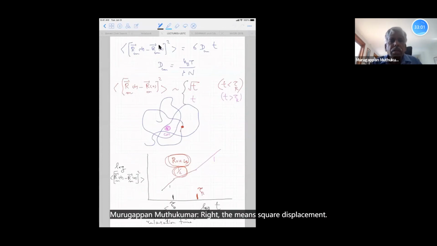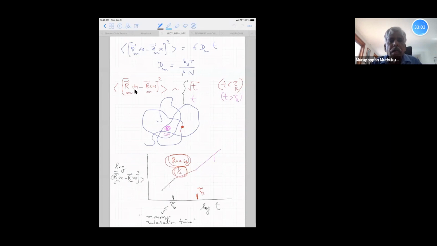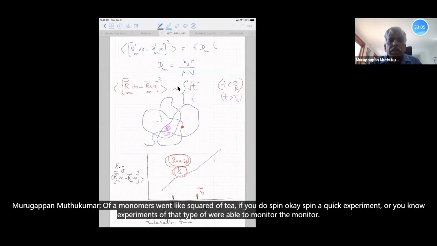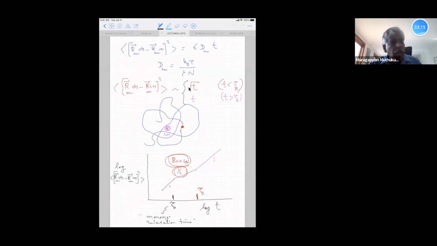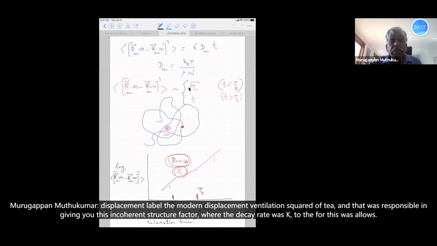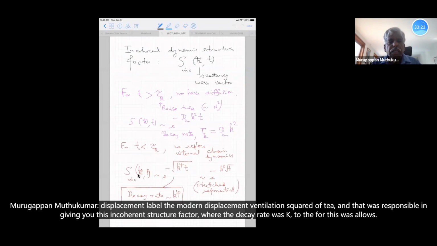The mean square displacement of a monomer went like square root of T. If you do a spin echo experiment or experiments of that type, and are able to monitor the labeled monomer displacement, it went like square root of T, and that was responsible for giving you the incoherent structure factor where the decay rate was k to the 4.